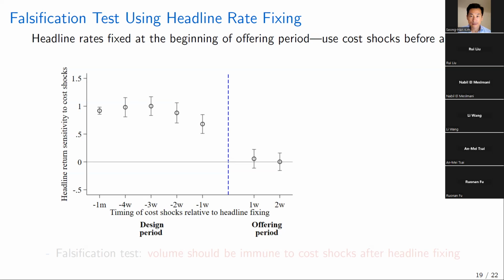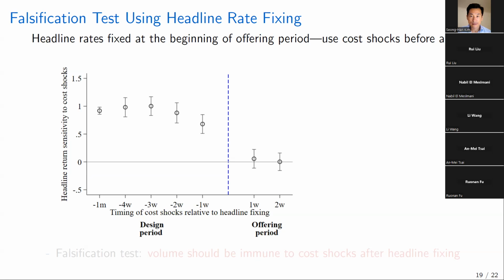So my best response is this falsification test that exploits the period when the headline rates of the security are fixed. The way you can think about the offering process is there is some design period when the bank picks the security design, they pick the underlying security, the maturity, and at the end of this design period they also pick the headline rate. So they will select what is going to be the headline return and the protection level.